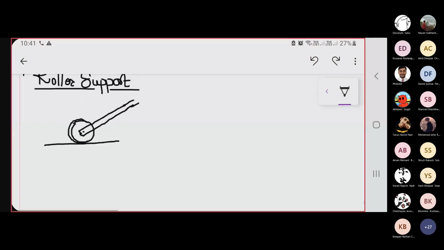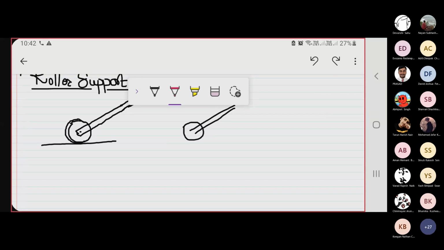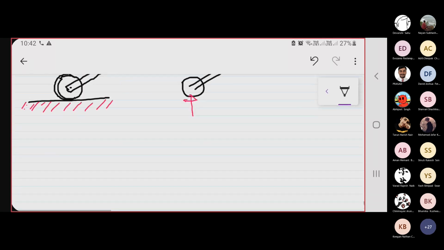Now, if I want to show this roller support, how will it be in the free body diagram? Vertical force only. Only one support is there. Next diagram. This is also a roller support.